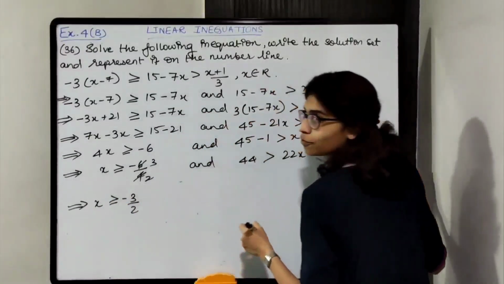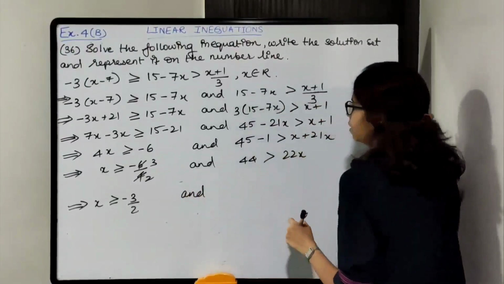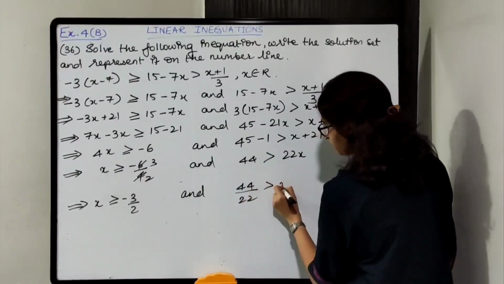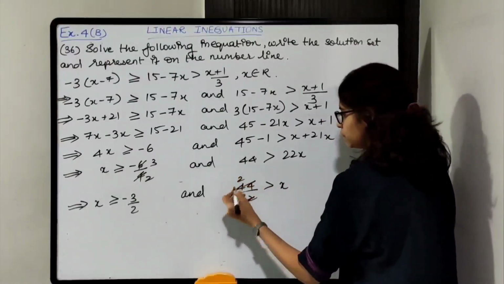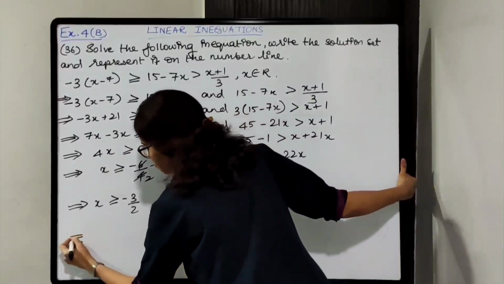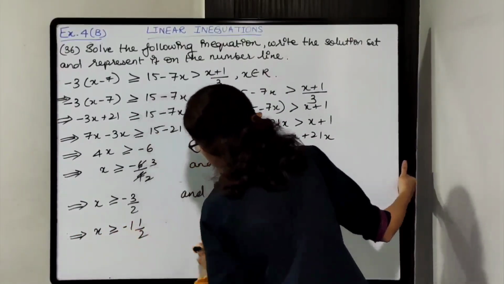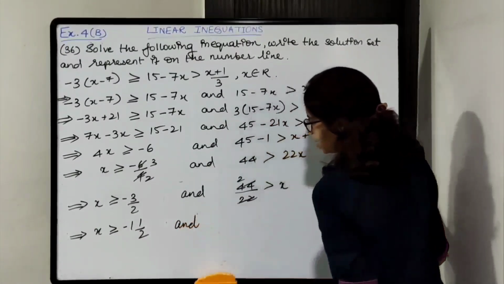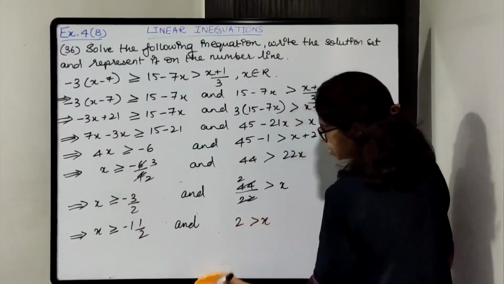That is 1.5. We are getting minus 1.5. And 44 upon 22, greater than x. So x is greater than or equal to minus 1.5, and where 2 is greater than x.